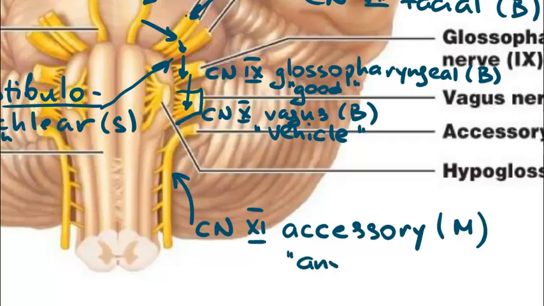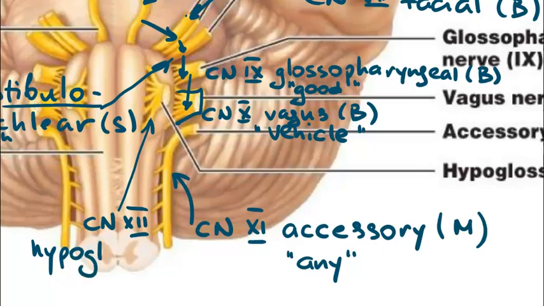The word is "any". And the last nerve here, cranial nerve 12, hypoglossal nerve, also motor, and the word is "how".